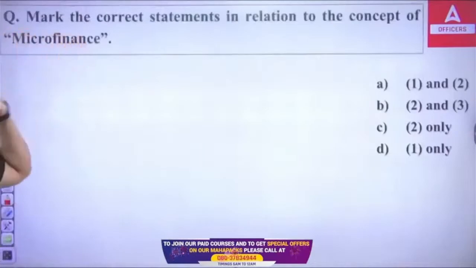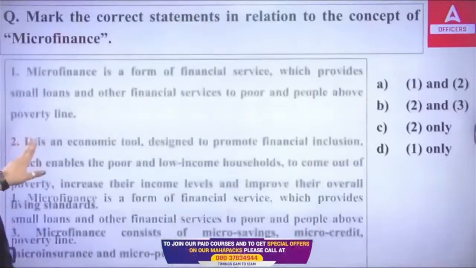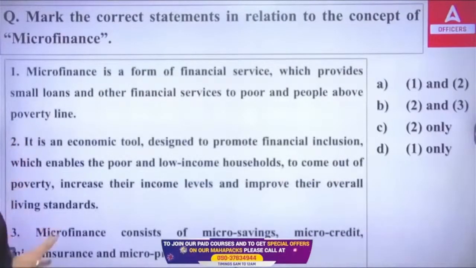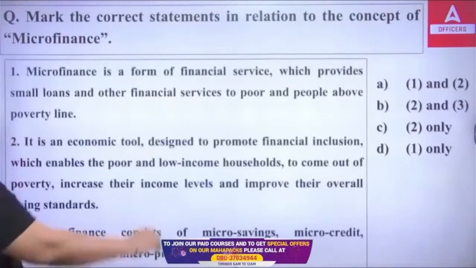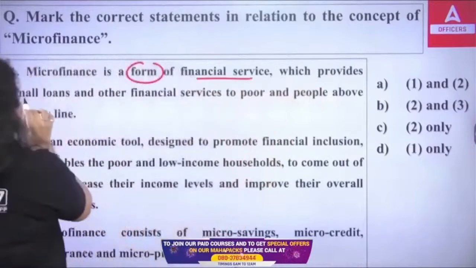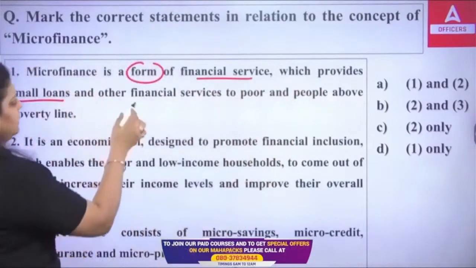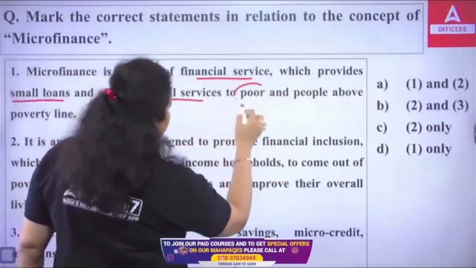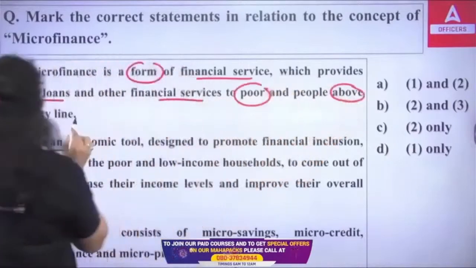Now, mark the correct statement in relation to the concept of microfinance. In relation to the concept of microfinance, which of the following is the correct statement? We have three statements in front of us. First is saying microfinance is a form of financial services which provide small loans and other financial services to the poor and the people above the poverty line.